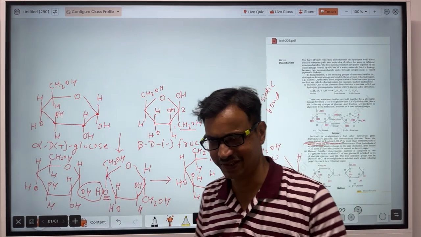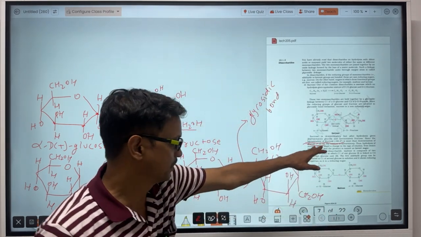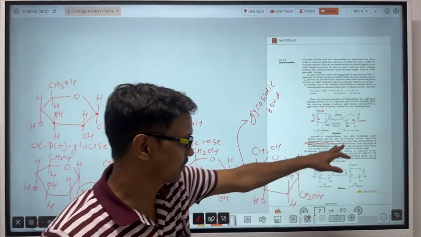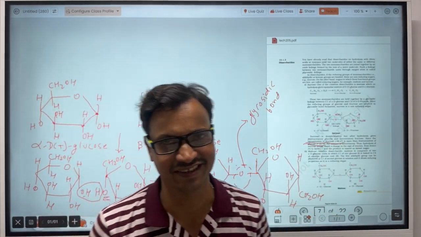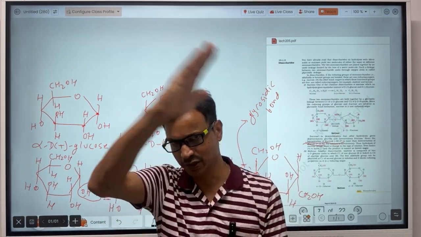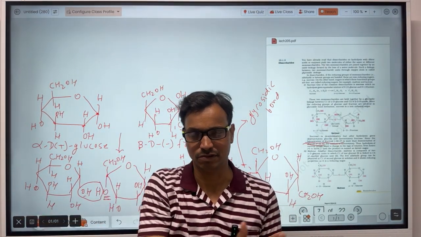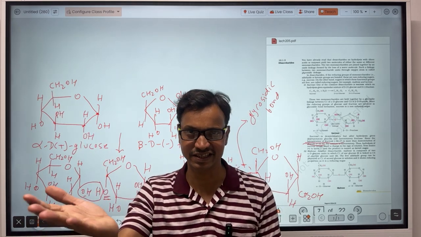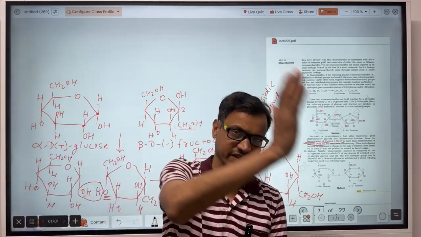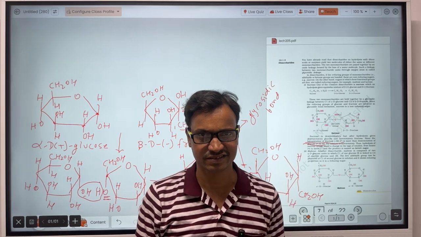So firstly it bends towards left and then right. So plane polarized light will rotate towards the left side to a greater extent.